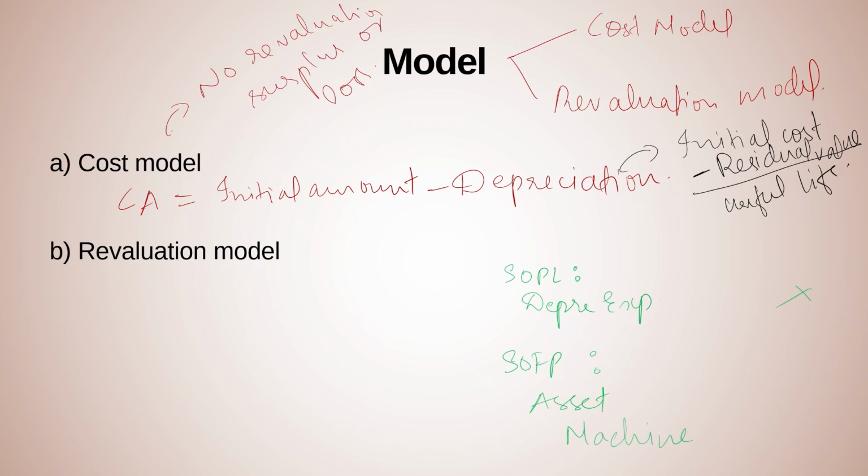Let's say it is a machine. Which amount will be in the machine area? This amount, the carrying amount. The carrying amount will be shown under SOFP, asset area, and the depreciation expense amount will be shown in SOPL. Okay.